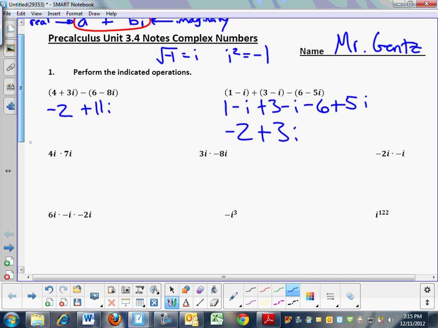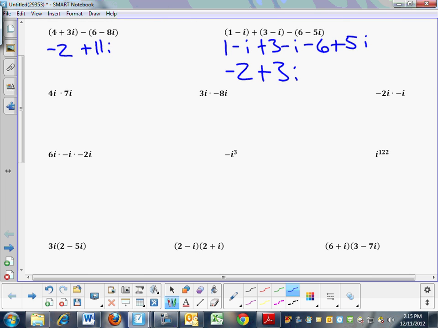So if we use that definition, we have 7i times 4i, which is going to be 28i squared. And what is i squared? So we have 28 times negative 1, which is negative 28.